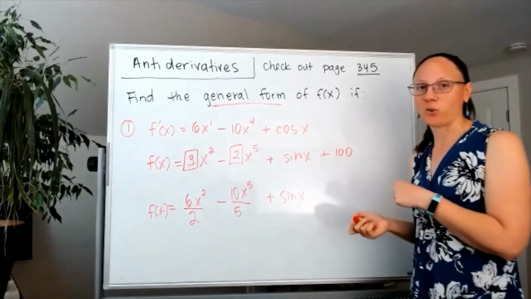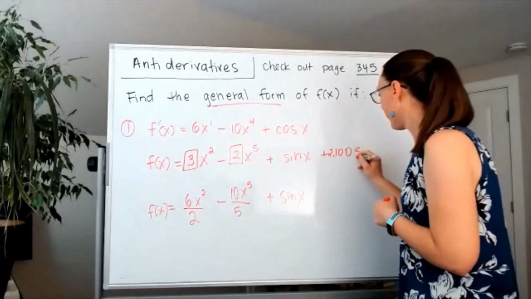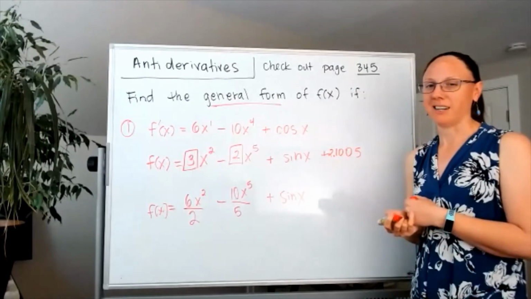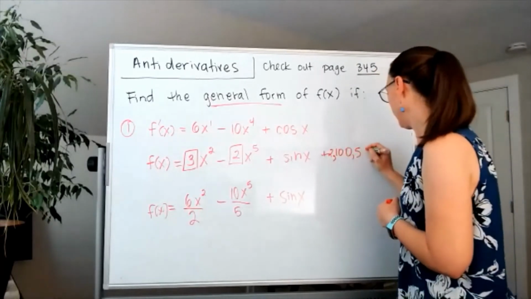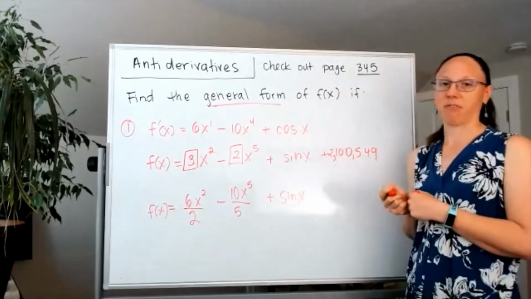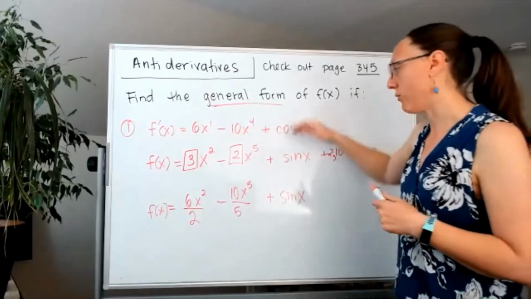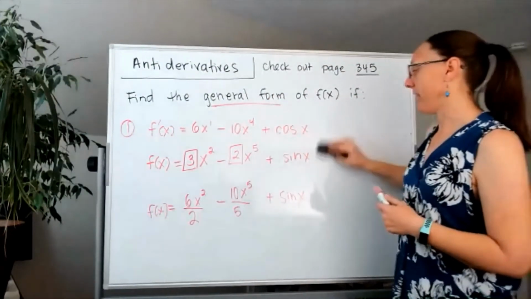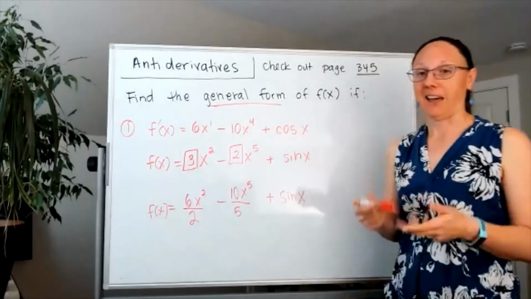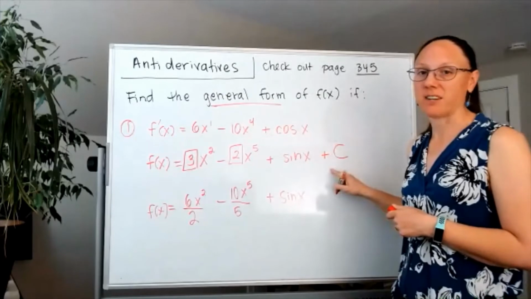And it's also the derivative of that function. And it's also the derivative of that function. So when we talk about that general form, we're going to finish finding our antiderivative and then make sure that we add to the end plus a constant.